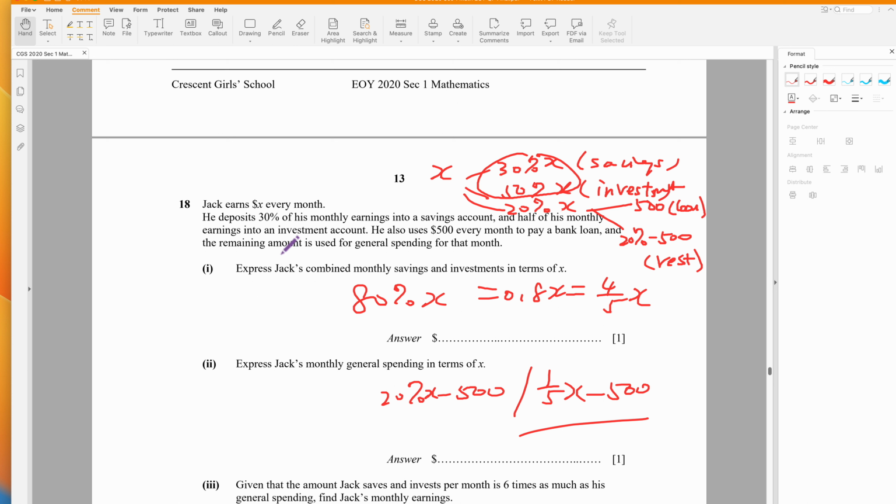No, I don't understand you. They say half of his monthly earnings. Half, not half of the remaining. Oh, okay. So it's half x. You need to read the question. Half of the total, not half of the remaining.